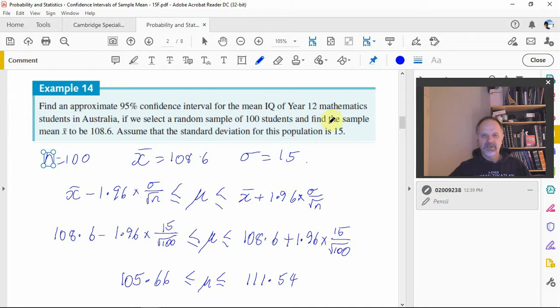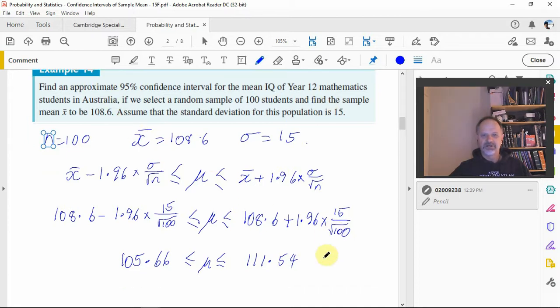So the mean IQ of mathematics students in Australia, if you then relate to that population, then the mean IQ of that population would be somewhere between 105.66 and 111.54, and we could state that with 95% confidence that that is the case.